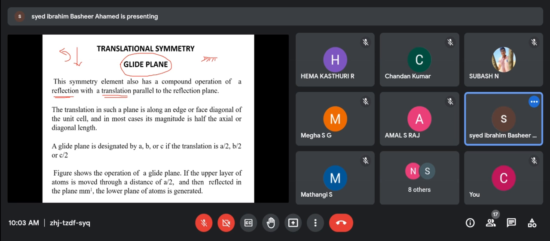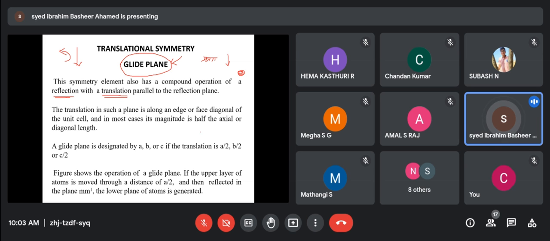Okay. Assume you have a mirror. So you have a reflection followed by a translation. If you do the reflection and the translation, and you achieve a symmetric molecule, then it is said to possess a glide plane.